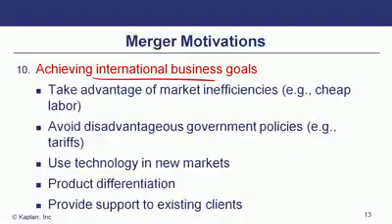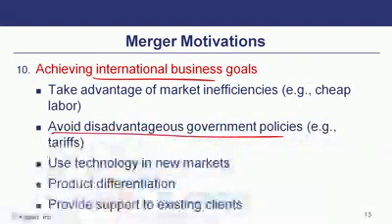I think this idea of avoiding disadvantageous government policies is a big reason. And it's not just tariffs, although tariffs could play a role, but also in some countries, to produce there you need a local partner for multiple reasons beyond just tariffs as you bring product into that country. So there are technological issues.